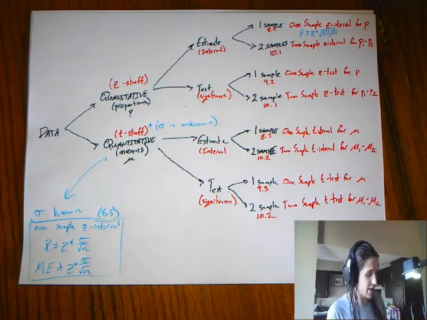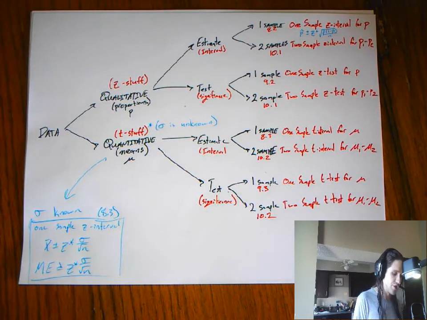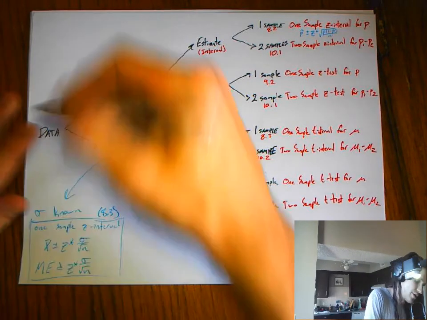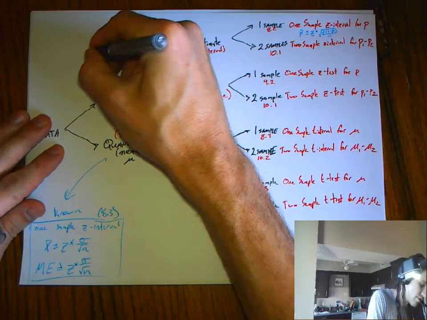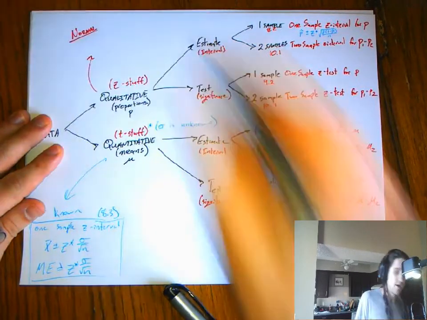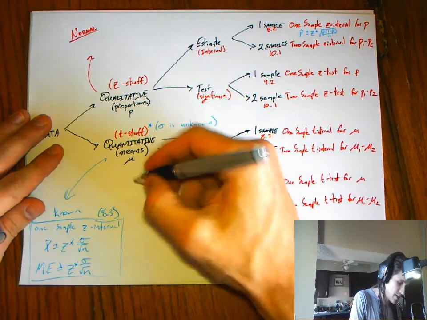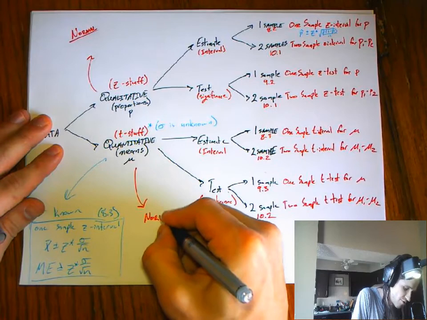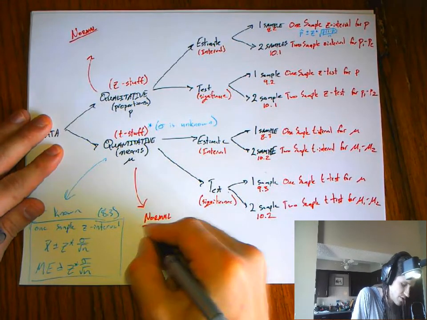One other thing I want to write here are your conditions. You always have random and you always have independent, but let's write about the normal conditions, and how they're assessed in these two cases. Let's talk about the normal condition, because that's one of the things you're going to miss.